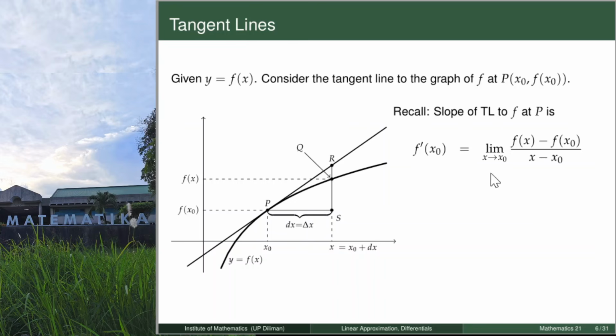This expression, we will try to rewrite this way. For the numerator, we write it as delta y, which stands for the change in y coordinates, so f of x minus f of x0. And delta x is the change in x coordinates, so x minus x0. So we have here the derivative f prime of x0 equal to this expression.